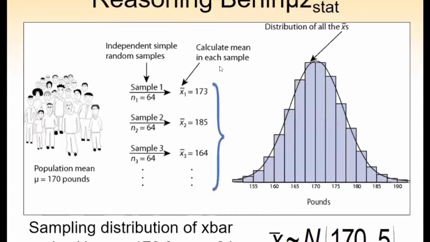Mean takes on N in bracket 170, 5. That's how we present it. So it's just trying to show us that we're dealing with many samples from one population. But the values we're going to get will affect our decisions that we see later. Yeah. Slide number 15 now.